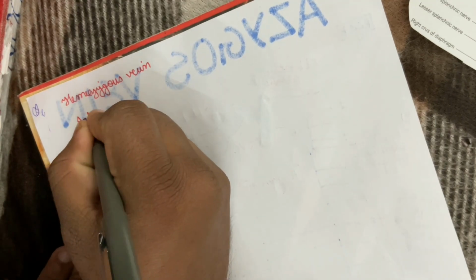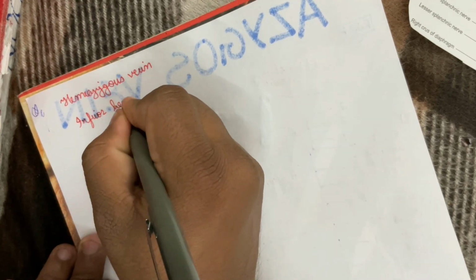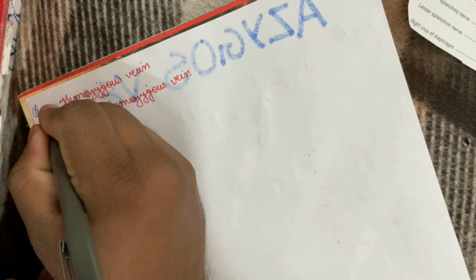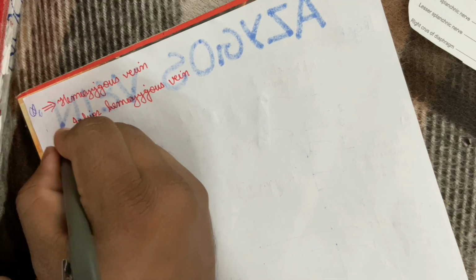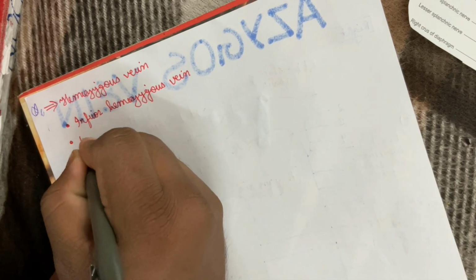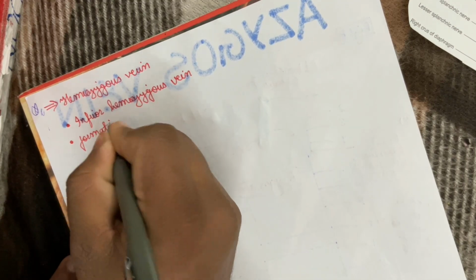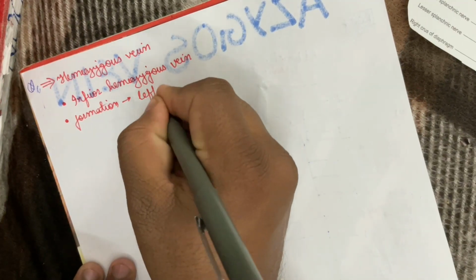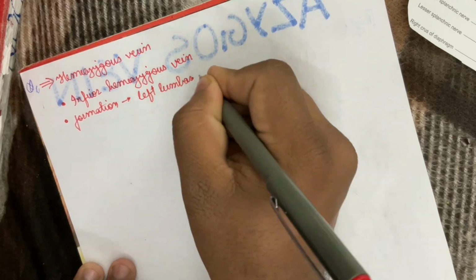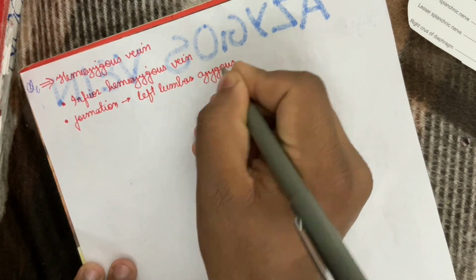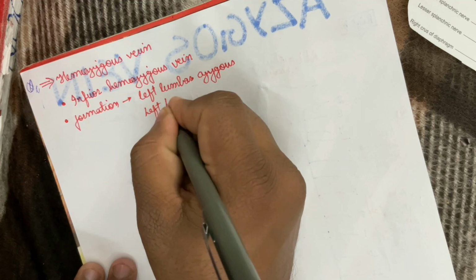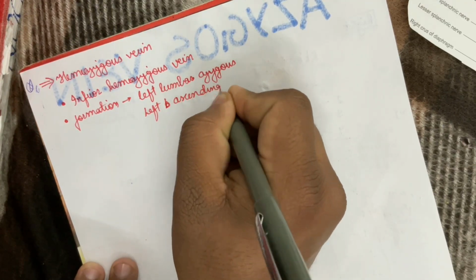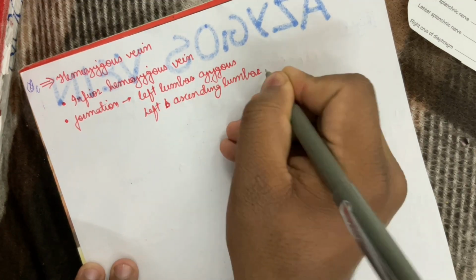Inferior hemiazygos vein. Formation: left lumbar azygos, left ascending lumbar, left subcostal.